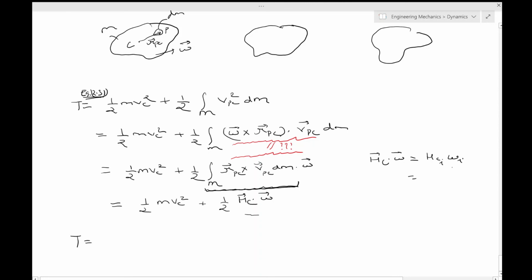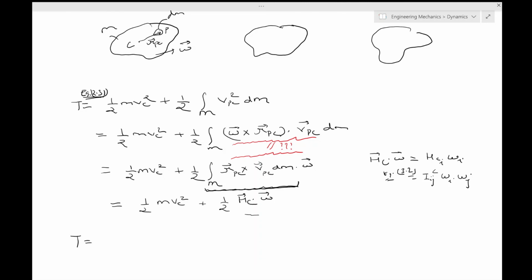Now this Hci can be written as Iij C omega j. For this you will have to check equation 3.2. When I say check, don't just look at the equation and confirm that it is okay. Please also see how it had been derived, how we had come to this.